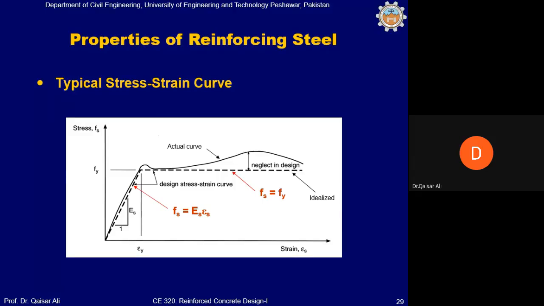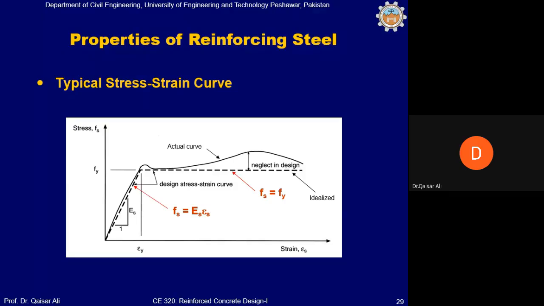So for the purpose of having a ductile mode of failure, which is a desirable mode of failure, and to have a degree of warning for life safety, we would only utilize the yield strength of steel and keep the remaining strength of steel up to the ultimate as the reserve strength.